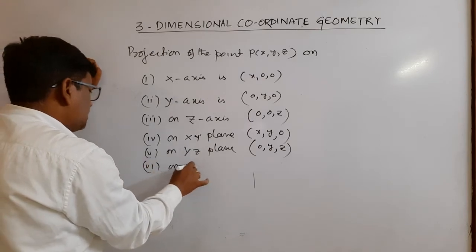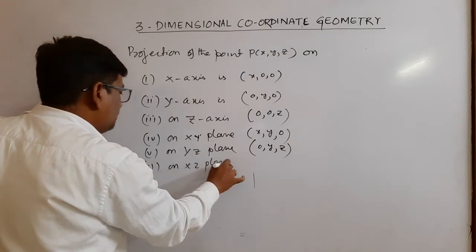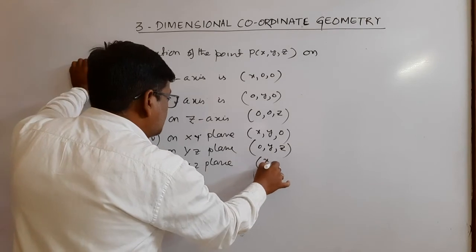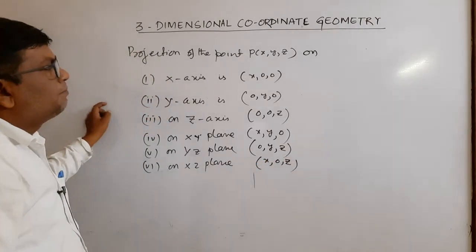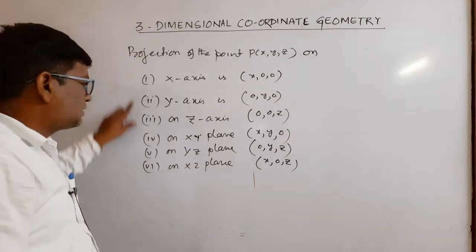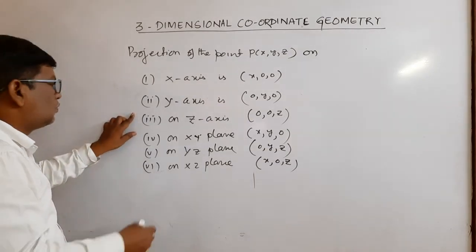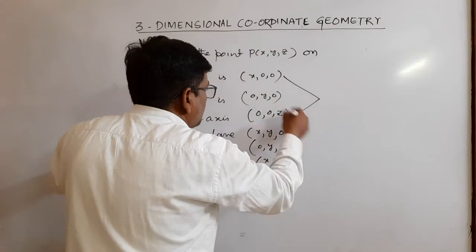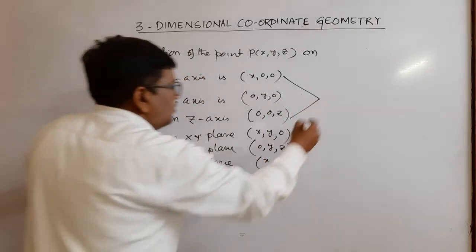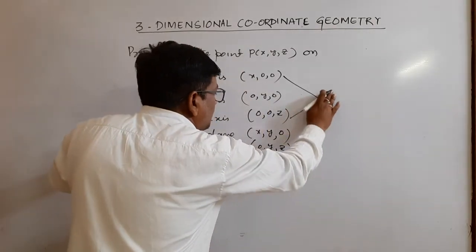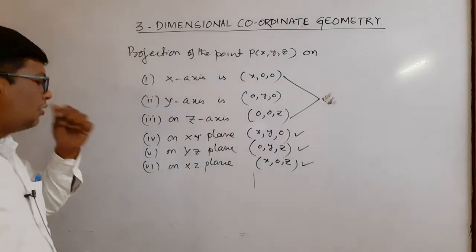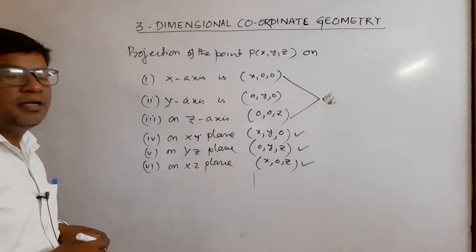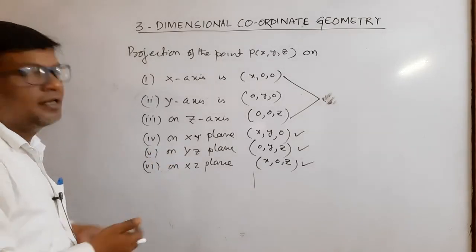On the xz plane, that is (x, 0, z). This is the projection of the point x, y, z on the coordinate axes and coordinate planes. These are coordinate axes, and these are coordinate planes. Now we'll discuss the projection of a line segment upon another line.